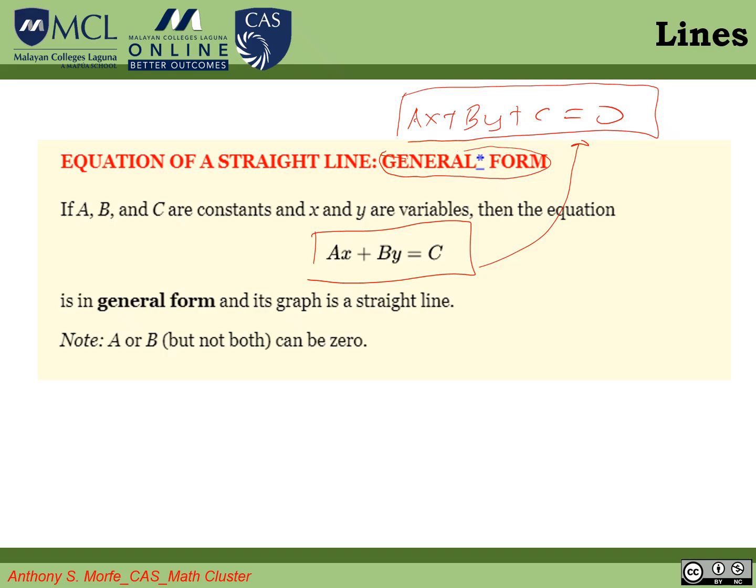The condition here is that a and b cannot both be 0 at the same time. It can be a equal to 0 and b not equal to 0, otherwise we don't have a line, because to make a line, we need 2 points. And if a is not equal to 0, then b could be equal to 0. So not both a and b equal to 0 at the same time.